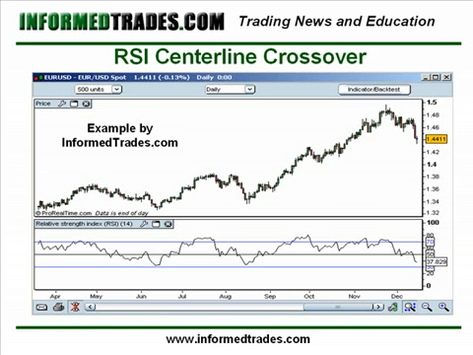But basically, when the RSI crosses above the 50 line, that's considered a bullish sign, because the market is making more gains than it is losses. And when it crosses below that center 50 line, that's considered a bearish sign because the market is making more losses than gains.